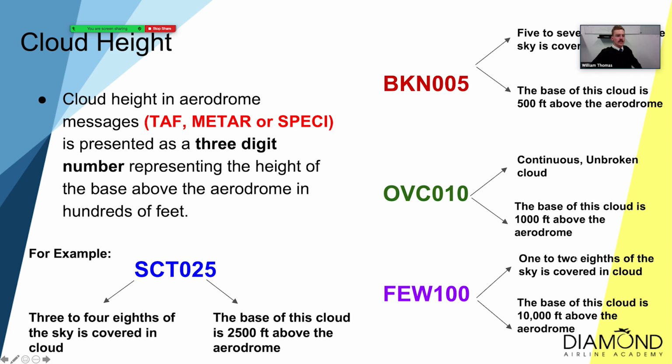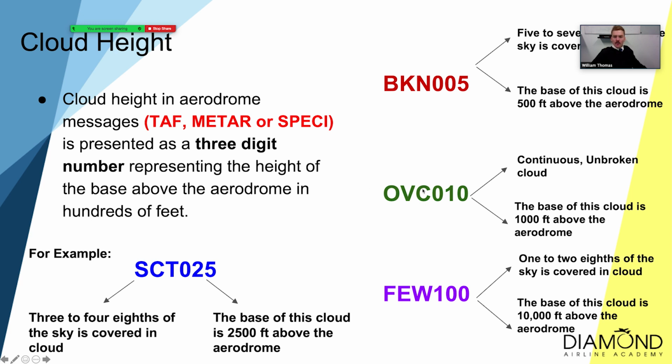Alrighty, for example, if we saw SCT025 in a terminal area forecast, I would know cloud is scattered, which is 3 or 4 8ths of the sky covered at 2,500 feet above aerodrome level. If I saw FEW100, that means few cloud, so 1 to 2 8ths of the sky covered in cloud at 10,000 feet.